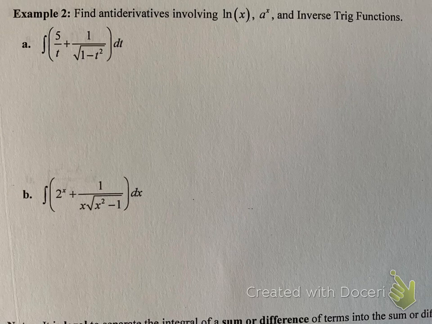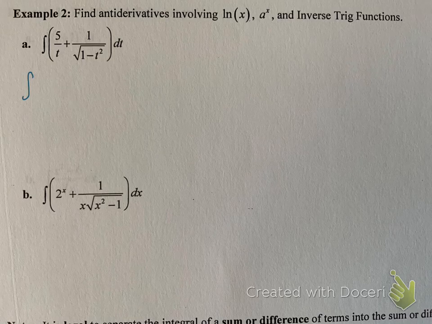But at any rate, example number 2 says, find the antiderivative involving ln of x, a to the x, and inverse trig functions. So we're going to look at these. By the way, with this first one, I want you to note that you can break up a binomial as long as it isn't squared into parts.